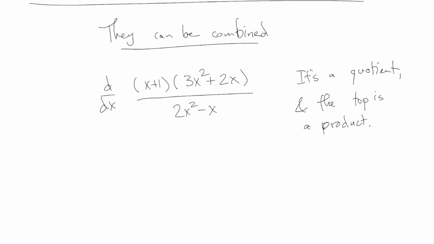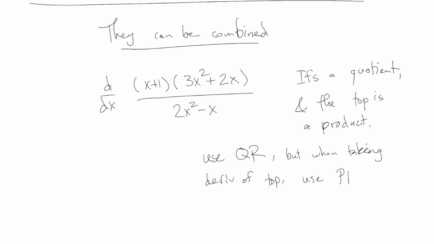When that moment comes, we use the product rule to take the derivative of the top. So I'm going to use the QR, the quotient rule, but when taking the derivative of the top, you use the product rule, PR. Overall, it's a quotient rule, but in that step, we use the product rule.